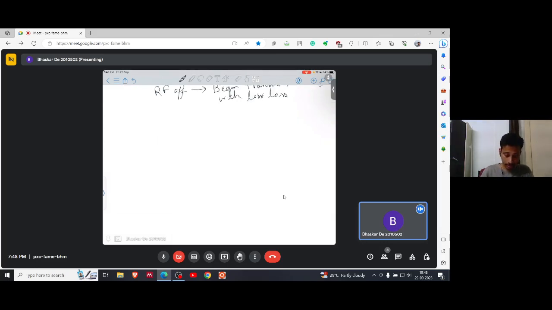Then there is another thing that can be used for Q switching, that is the saturable absorber. So this is a passive Q switching element.